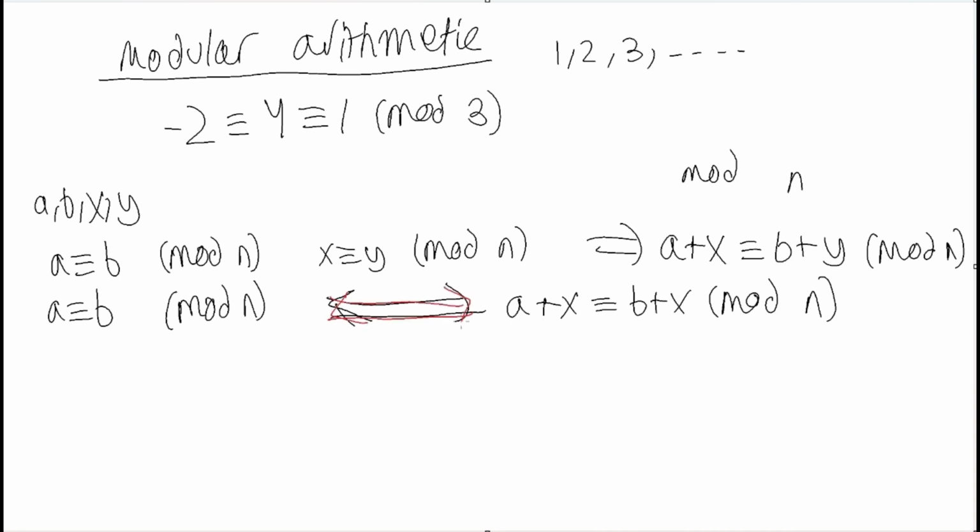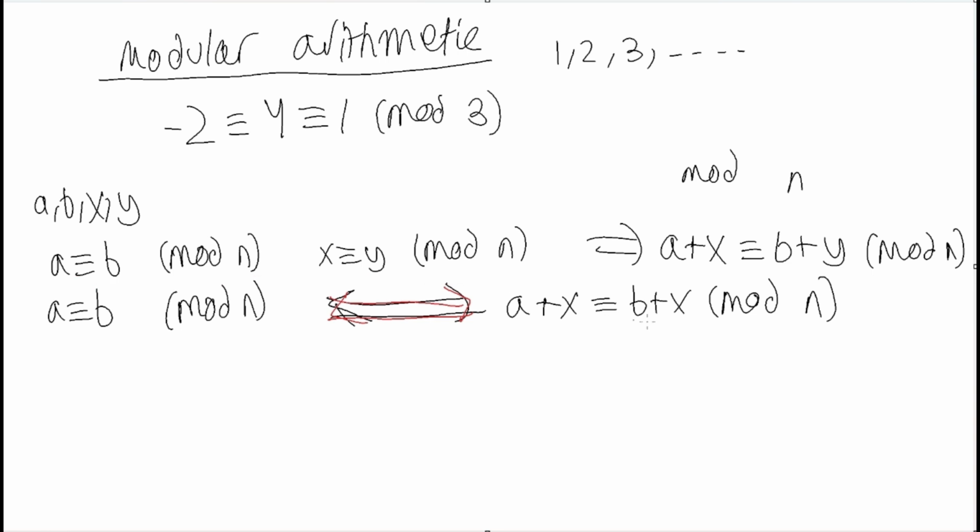Well, if and only if just means one is true if the other is true. If this one is true here, then so is this one. If this one is true here, then so is this one. And a lot of these properties should feel really familiar to you because in a way this works just like how the integers work. If two integers are equal, then adding an integer to both sides doesn't change this. And same thing for this one here.